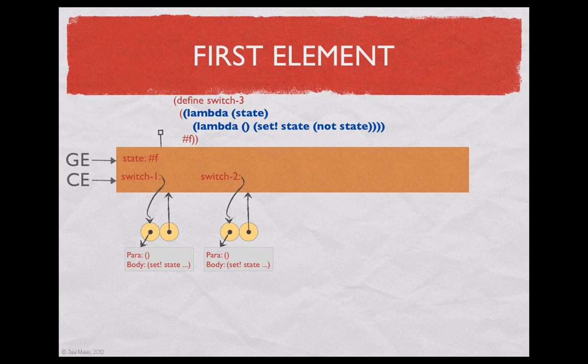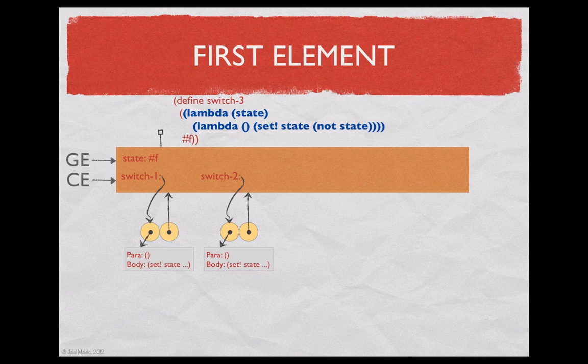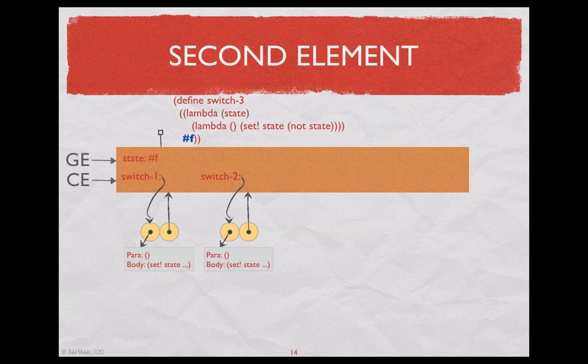So what we have to do is to make sure that this procedure is computed first. Okay, I see that it's a procedure. Scheme hasn't seen it yet. Scheme has to evaluate this blue thing in order to know what it is. And once it has computed this and realized it's a procedure, then it can apply it to this argument.